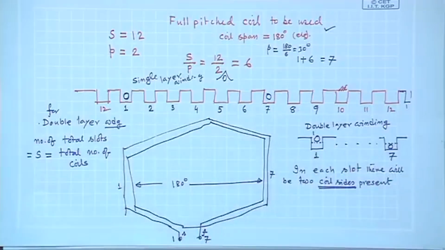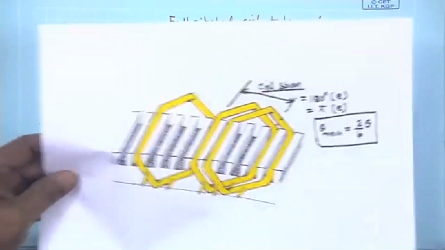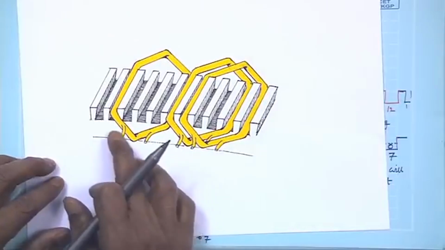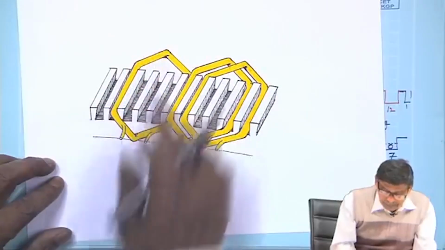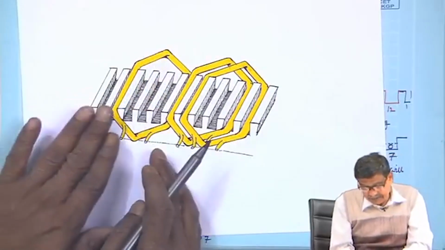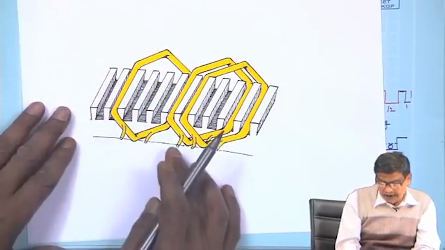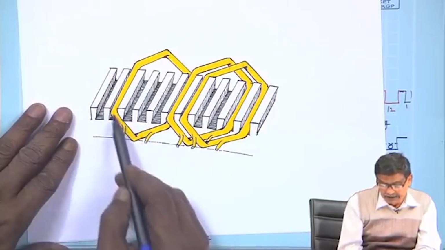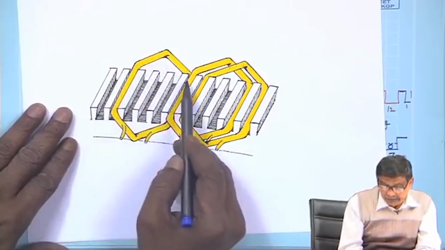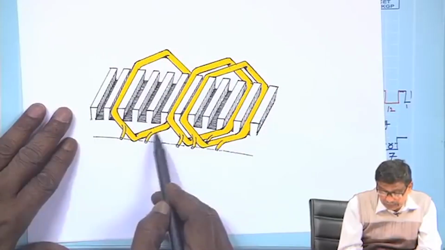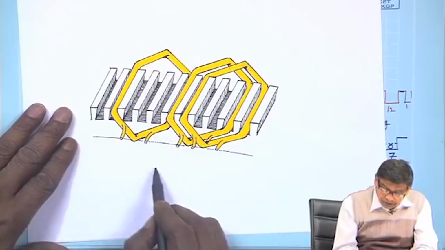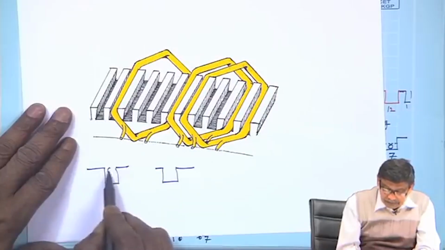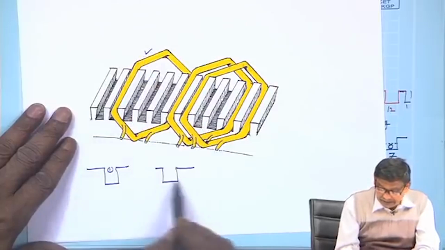It will look like this diagram. These are the slots, this is one coil, and its start is at the top. In three dimensions, this is the starting coil side and its finish comes out from below.